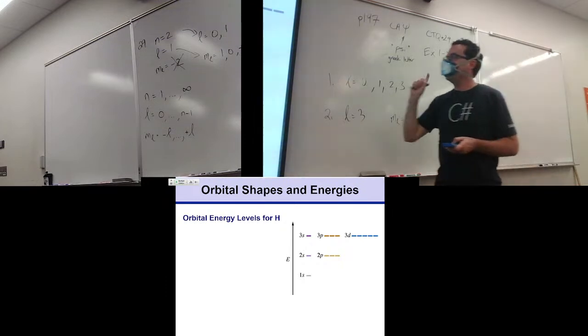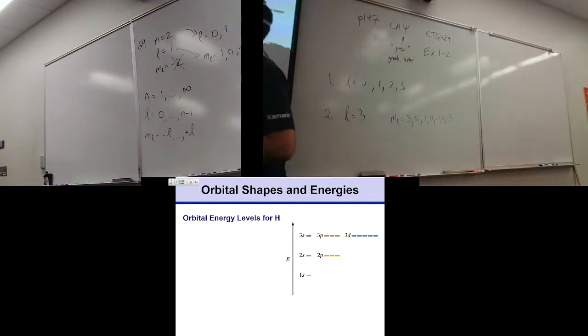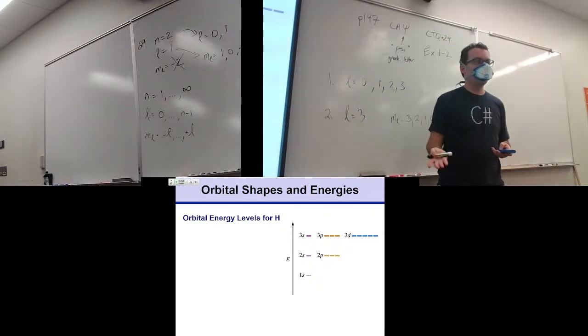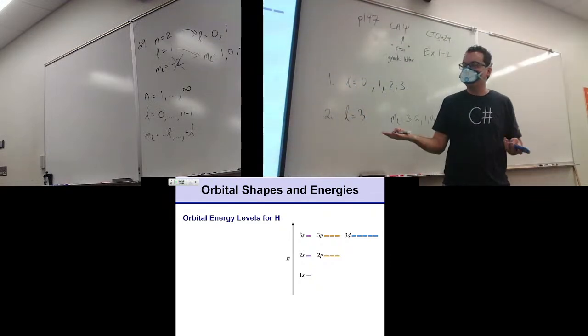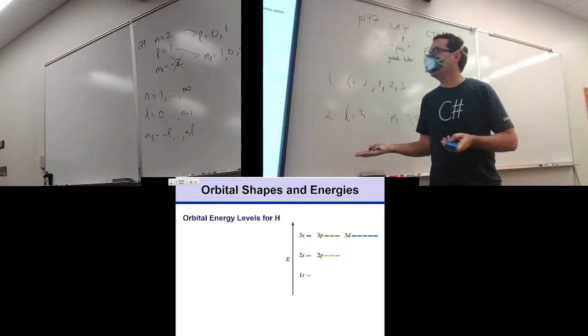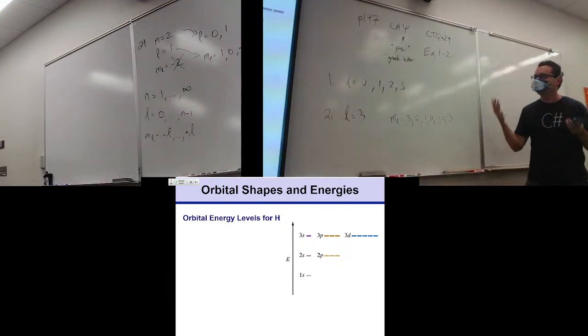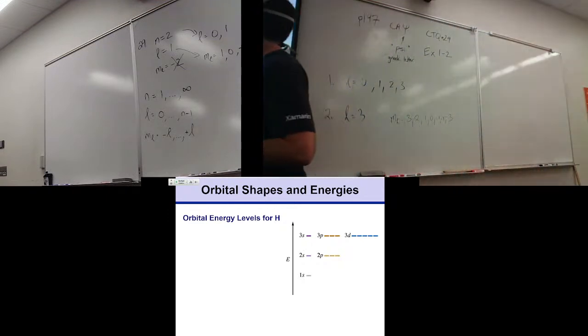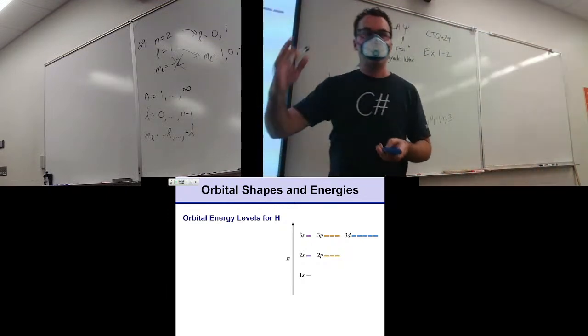By the way, you're going to use this term a lot. When we have orbitals that are the same energy, we call that degenerate. Degenerate orbitals. It's a weird word to use, but that's what we've been using for time immemorial. So these orbitals are degenerate, meaning they're the same energy.